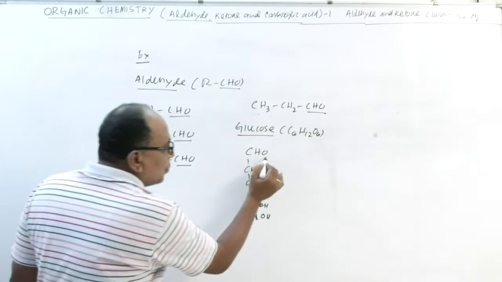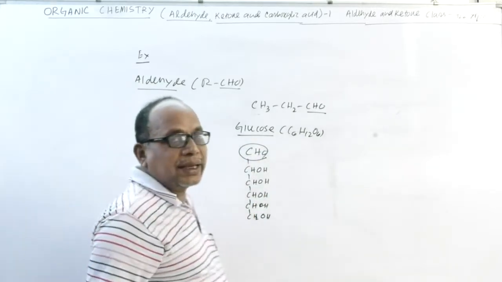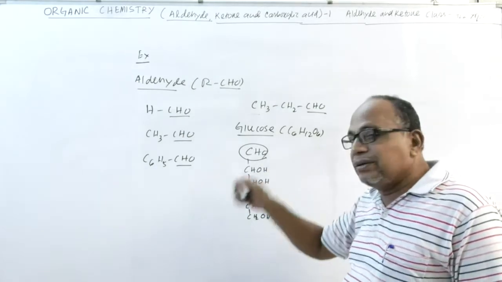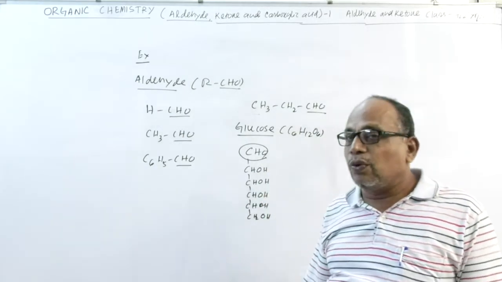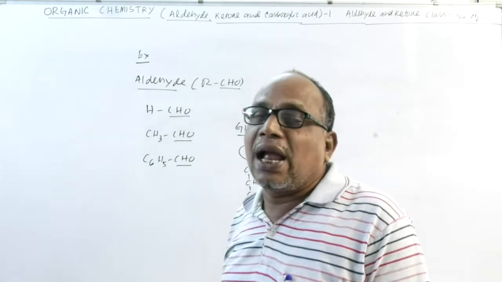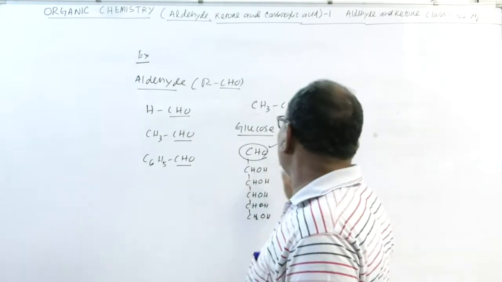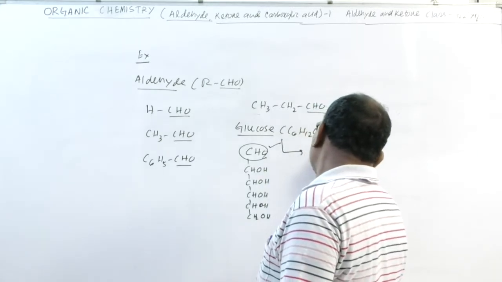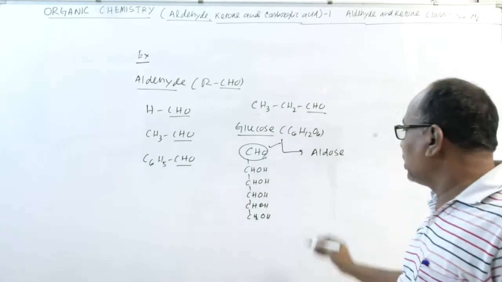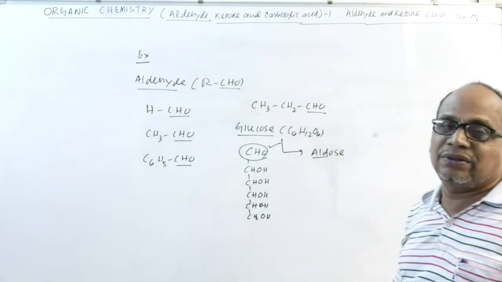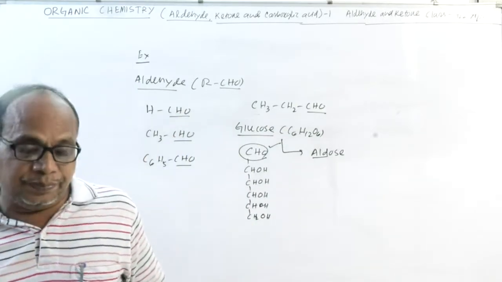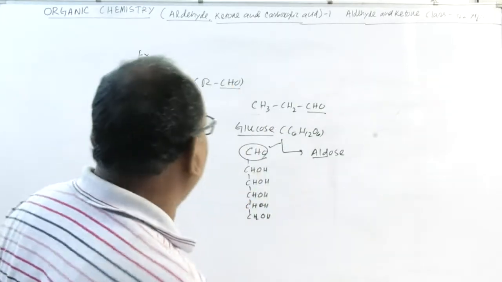You see that glucose contains an aldehyde group. So glucose is a polyhydroxy aldehyde, meaning it has more than one OH group. That's why it is called an aldose; glucose is one type of aldose. Here, ald means aldehyde. These are some examples of aldehydes.